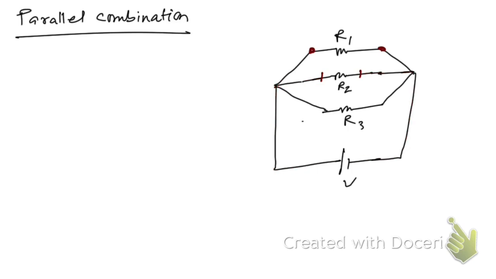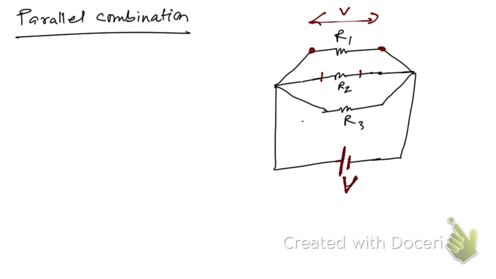Similarly, the end points of this R3 are also connected to the battery directly. So that's why the applied voltage and the voltage across each resistor will be equal.